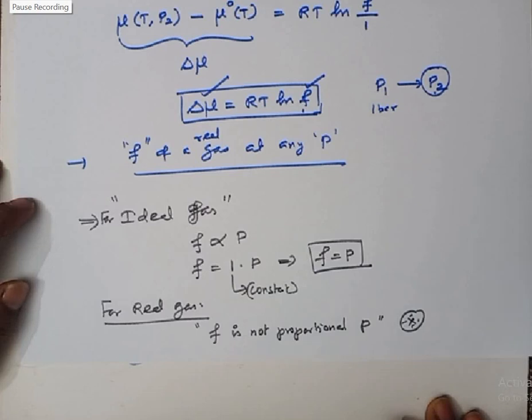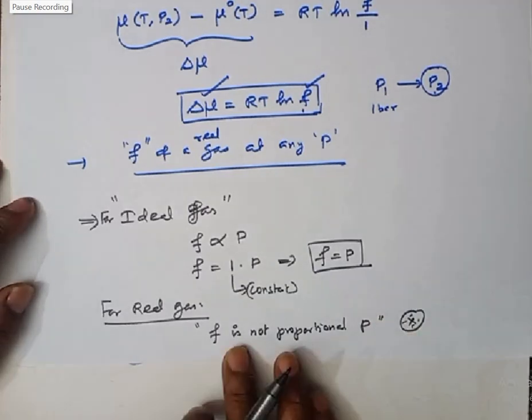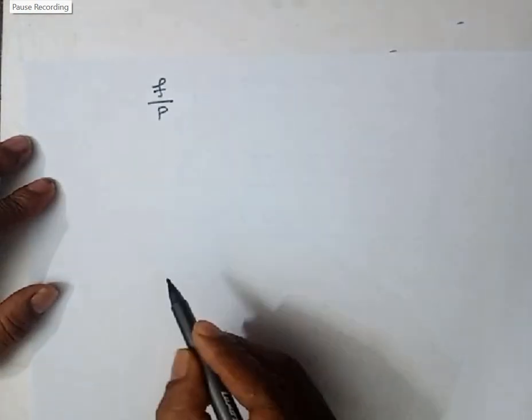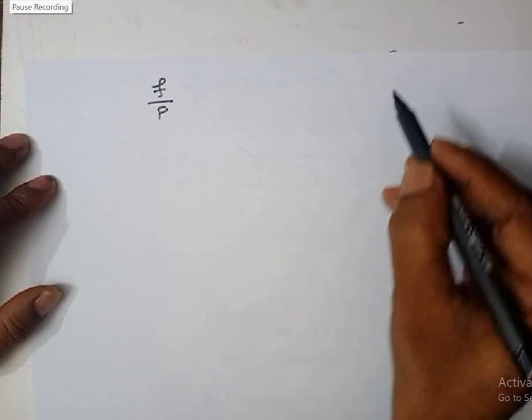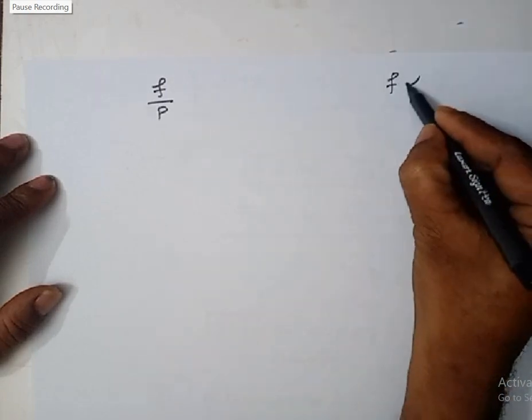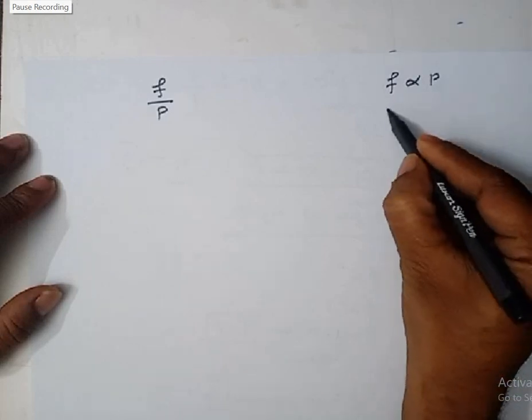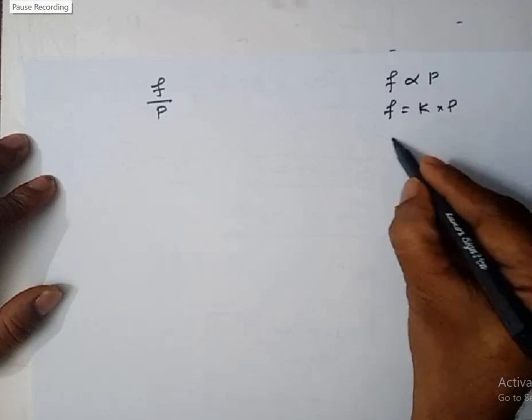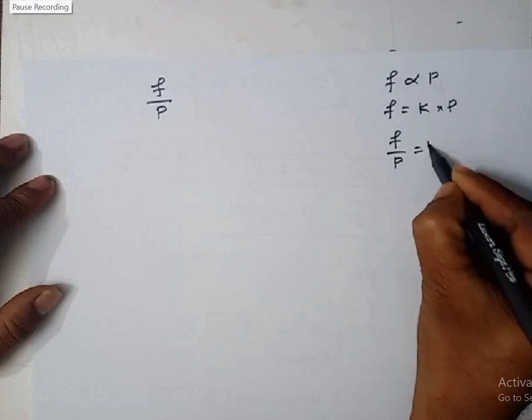Since F is not proportional to pressure, the quantity F by P, observe carefully. Suppose if F is proportional to pressure, then F is equal to, I will take some constant K into P and I will bring this P to the left hand side. So F by P equal to constant, correct?